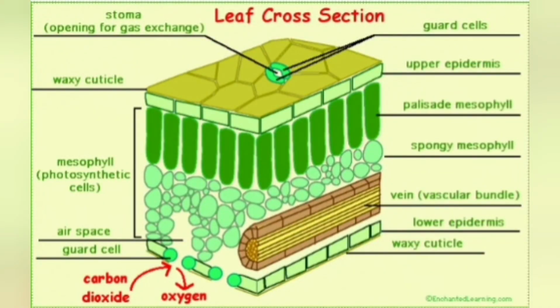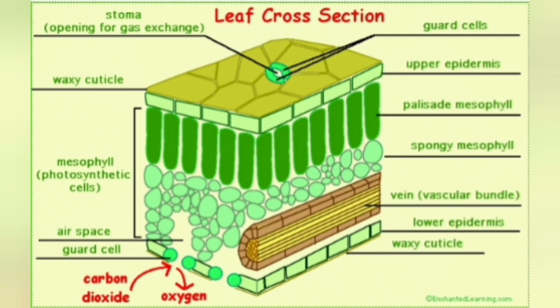To explain that, we have to learn the structure of a leaf. This picture is a cross section of a leaf. If you closely examine the anatomy of a leaf, we can see an upper epidermis, and there are small pores on the upper epidermis.